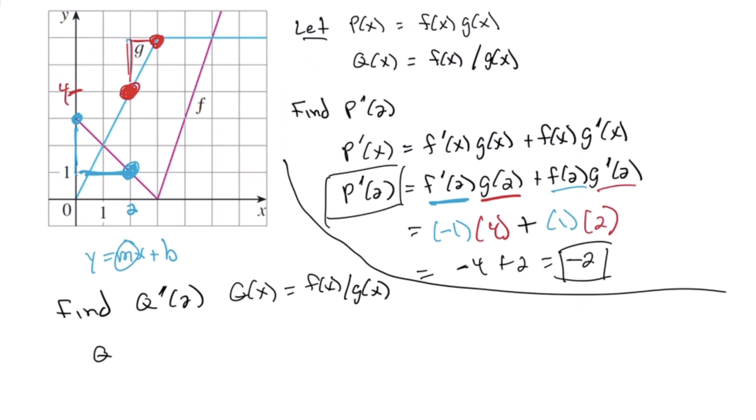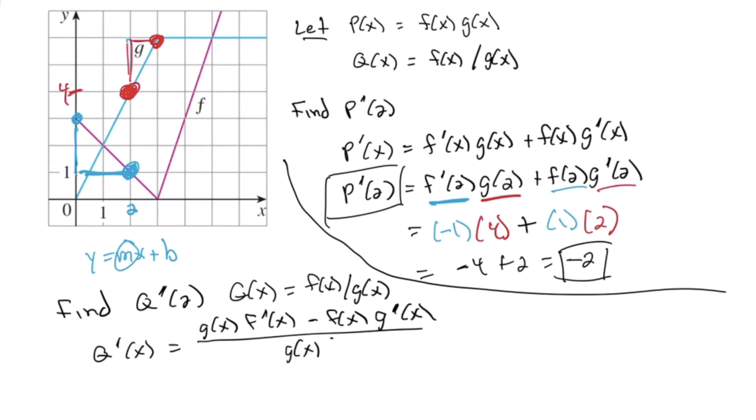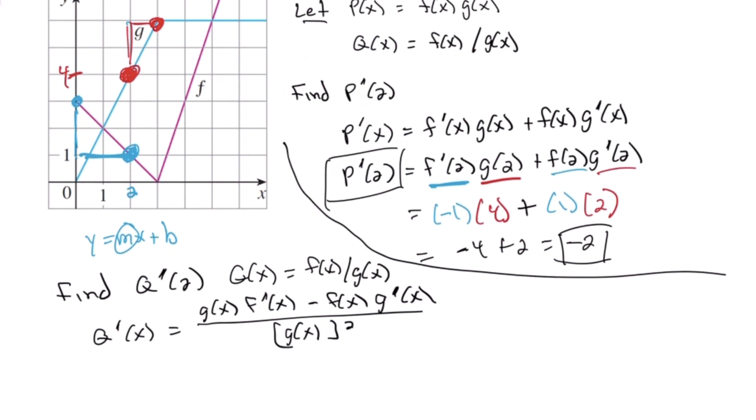So for q prime, I'm going to use the quotient rule: bottom times derivative of the top minus top times derivative of the bottom, all over the bottom squared. And again, I'm plugging x equals 2 into all of these quantities.